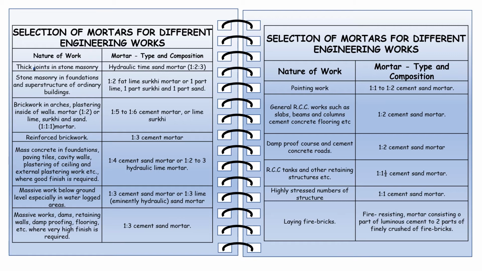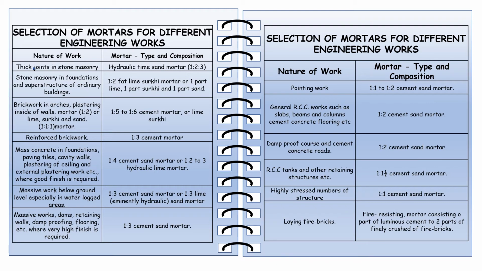Pointing work: 1:1 to 1:2 cement sand mortar. General RCC work such as slabs, beams, and columns, cement concrete flooring, etc.: 1:2 cement sand mortar. Damp proof courses and cement concrete roads: 1:2 cement sand mortar. RCC tank and other retaining structures, etc.: 1:1.5 cement sand mortar.